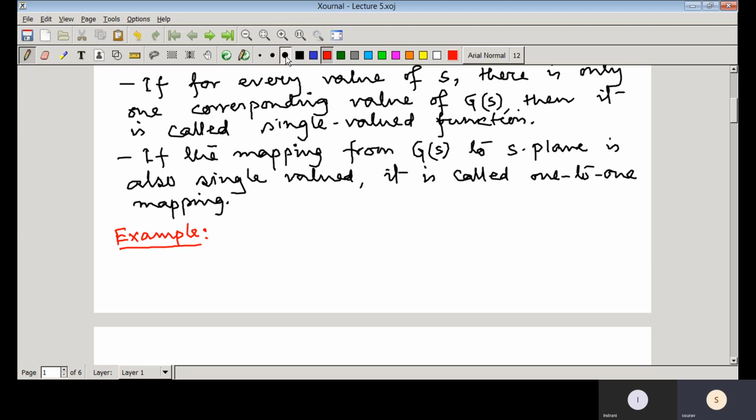Say you have a function G(s) equal to 1 by s plus 1. Here s is the complex variable, and we map from the s plane to the G(s) plane.